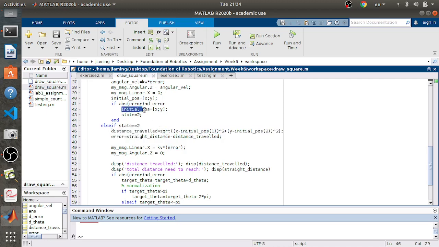So it will proceed to this code, and first I define the distance travelled. Since I have the initial position after the turning, and I also have the current position, the x and y, I can calculate the distance travelled by the turtle.